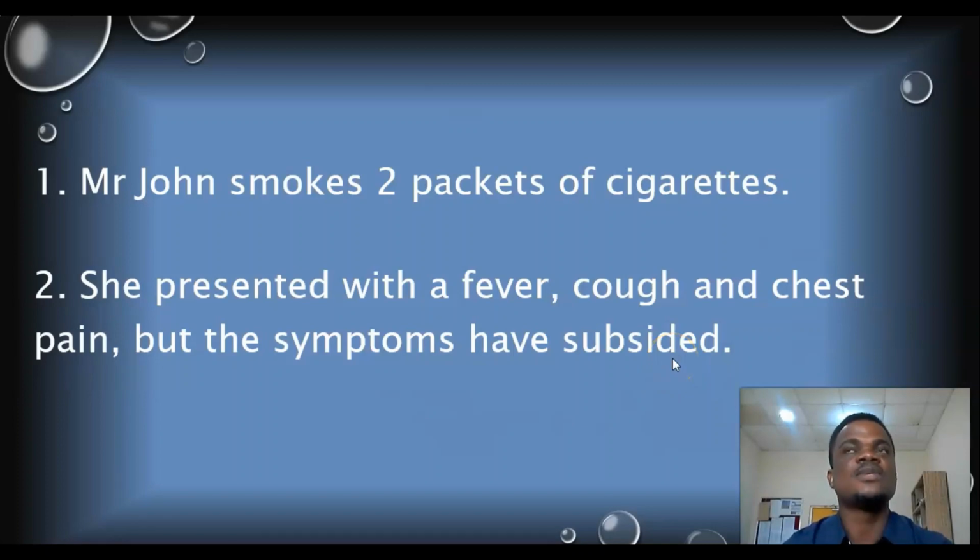But the symptoms have subsided is not a complete statement on its own, so we have to join it with this one. Or we can also reason it this way. The symptoms have subsided is a complete statement. It can actually stand on its own, but we want to join these 2 simple sentences to form a compound sentence. We use but.